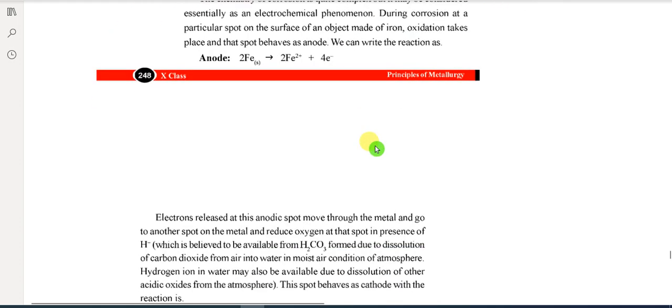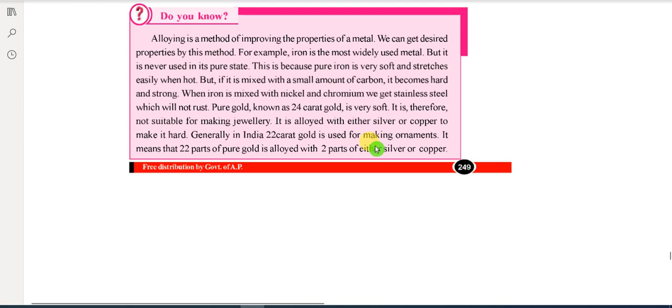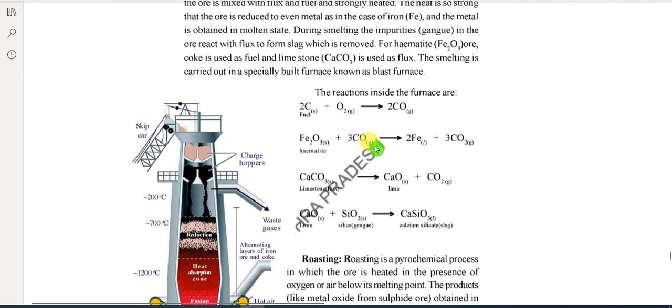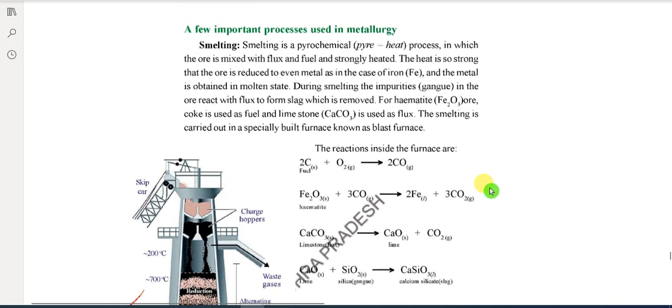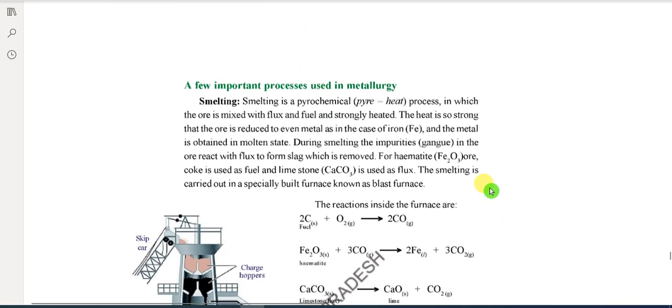So read well. Next, prevention of corrosion, you know. Yes, this is a blast furnace. It is very important, the blast furnace. The reaction is the smelting process.